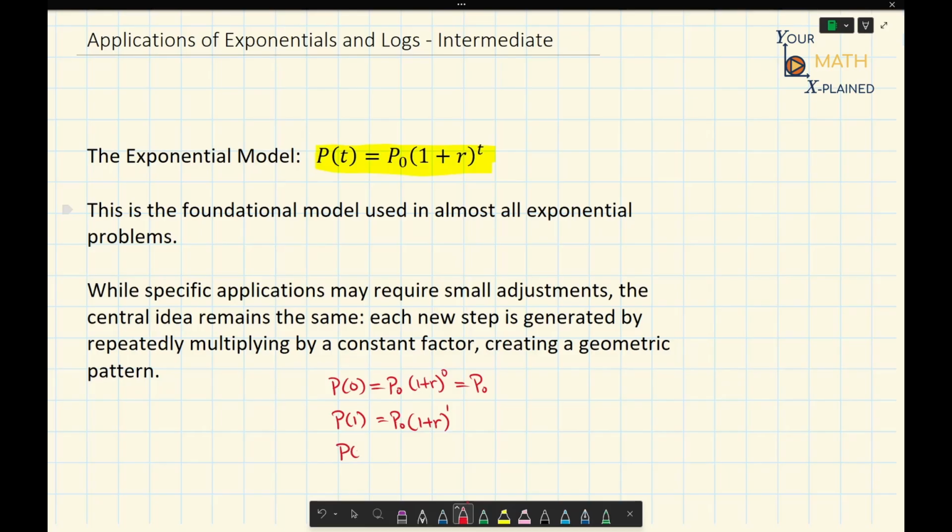And now P of 2 is going to be P0 multiplied by (1 plus r) to the power of 2. So notice how here we have a geometric pattern. As we increase our t value, we're multiplying by this constant factor of 1 plus r.